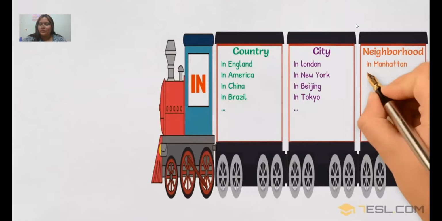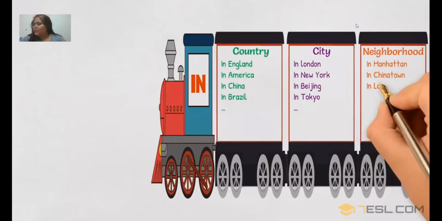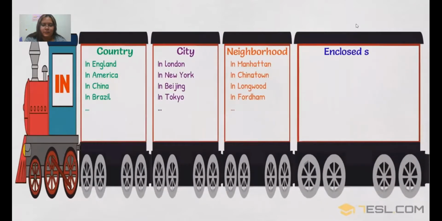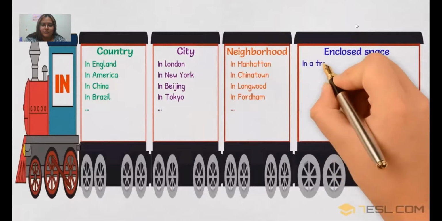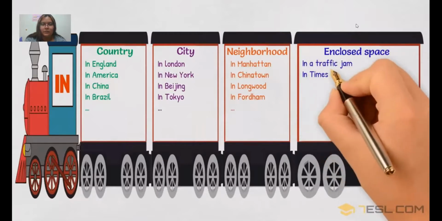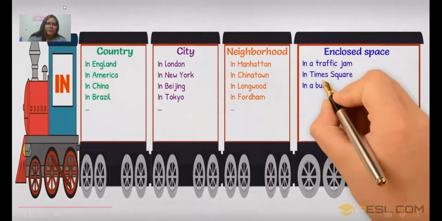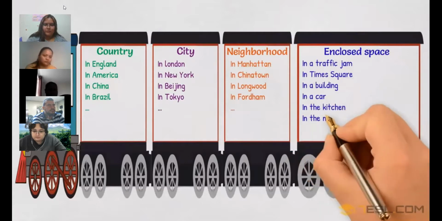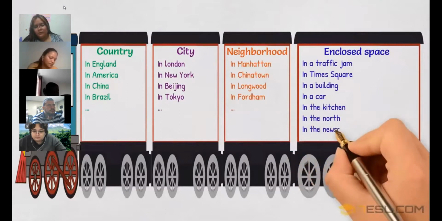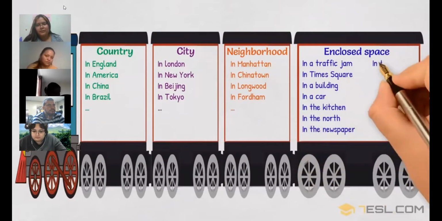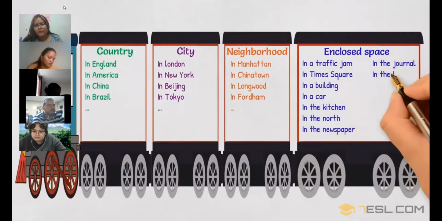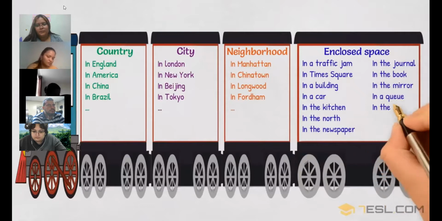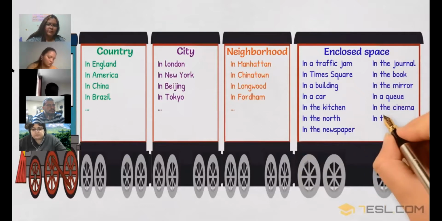In Manhattan, in Chinatown, in Longwood, in Fordham. Enclosed space. In a traffic jam, in Times Square, in a building, in a car, in the kitchen, in the north, in the newspaper, in the journal, in the book, in the mirror, in a queue, in the cinema, in the prison.